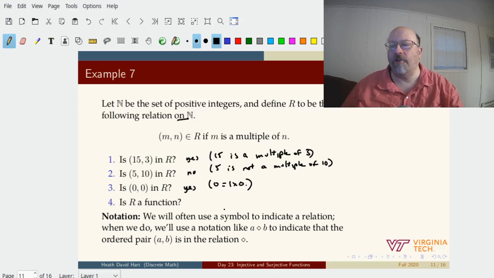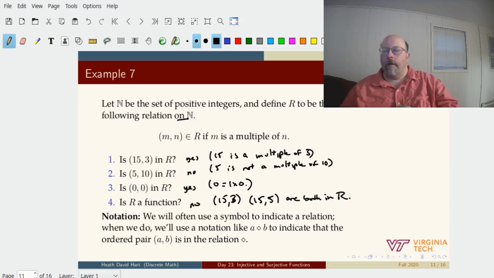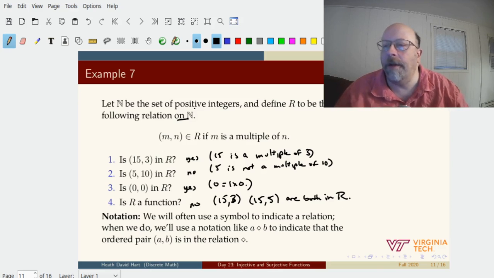Is R a function? Well, to be a function, the first element in every ordered pair can only show up once. And this is not a function because not only is (15, 3) in R, but (15, 5) is also in R. So this R is a relation, but it's not a function.